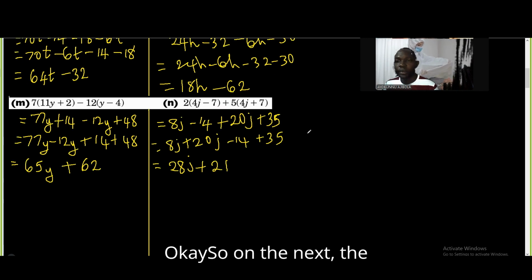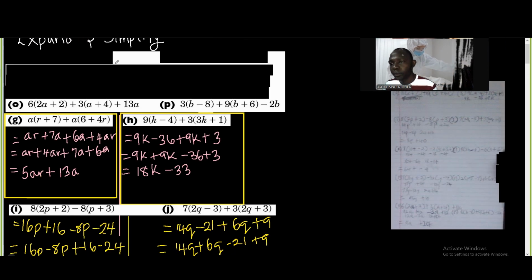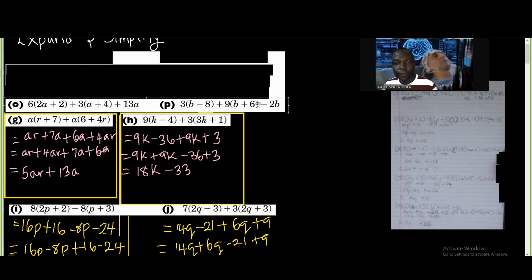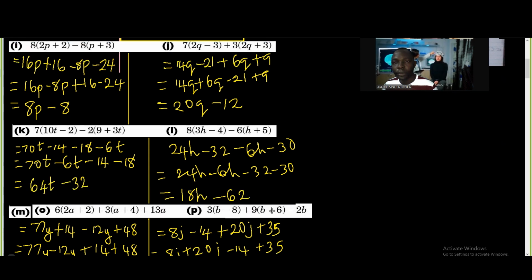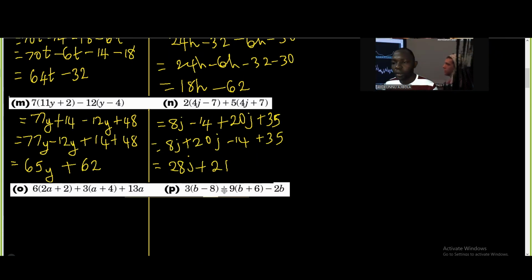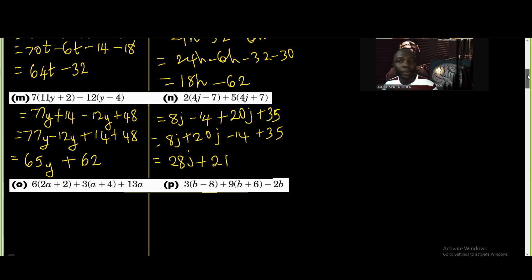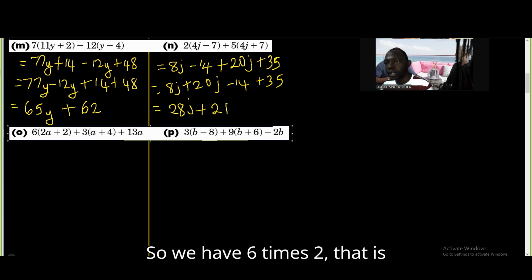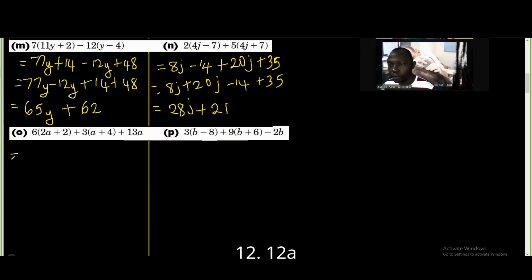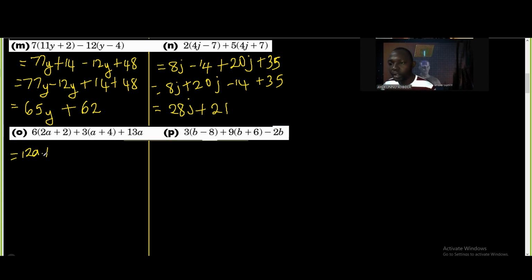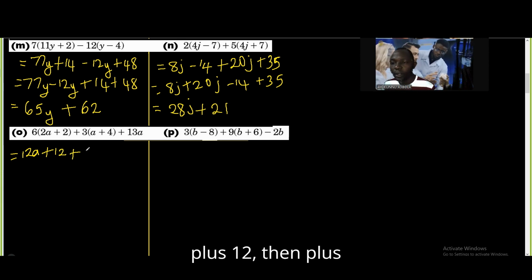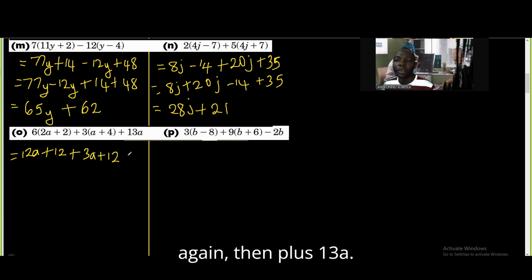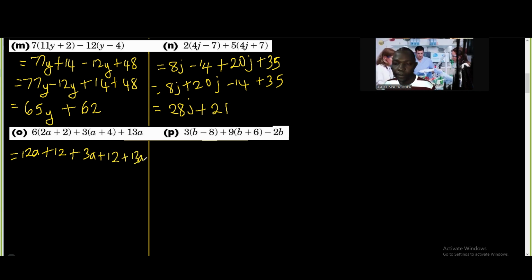So, the last two questions, we have this one. Okay, let me see. So we have 6 times 2, that is 12a plus 12, then plus 3a plus 12 again, then plus 13a.